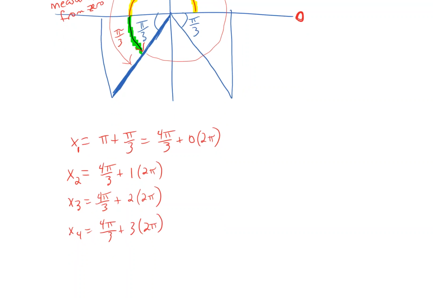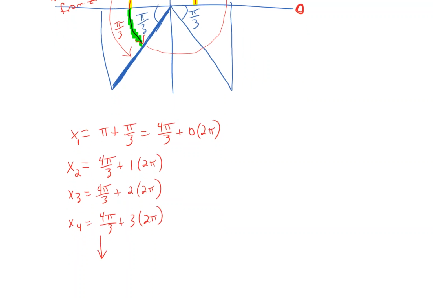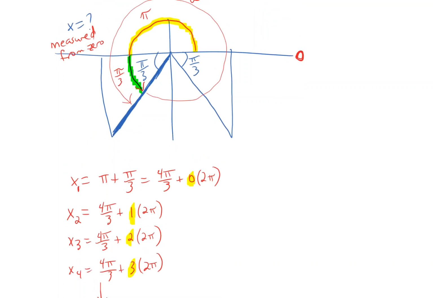So what are we saying here? How can we describe this? There's a certain pattern here. In this pattern, this number is changing. It's called an integer. In fact, I could go backwards, and if I rotated backwards, I'd be subtracting 2 pi to get the same terminal side.